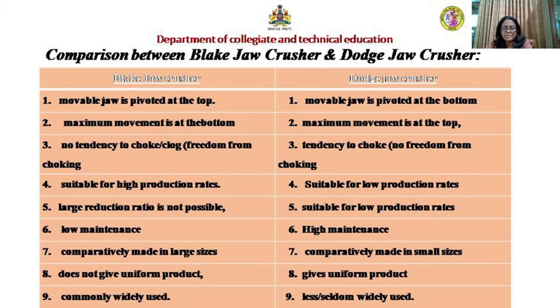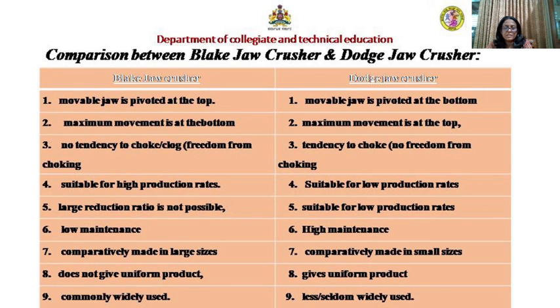So there has been a mistake here. The fifth point under Dodge jaw crusher should have been: large reduction ratio is possible. Please make the correction. Next point is, the Blake jaw crusher requires low maintenance, whereas the Dodge jaw crusher usually requires high maintenance.